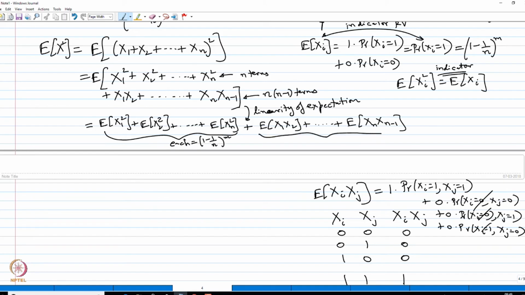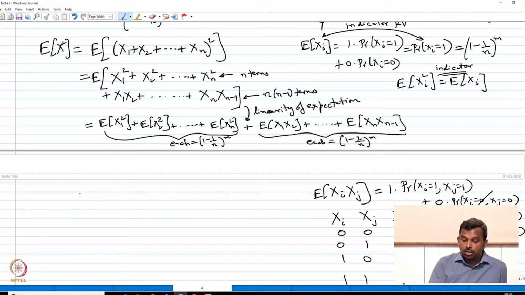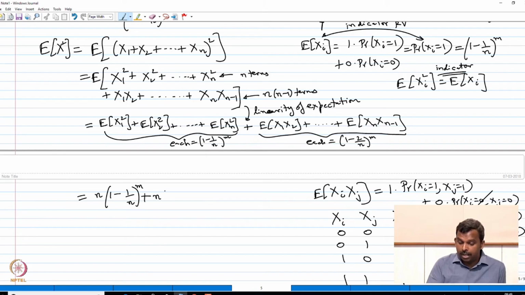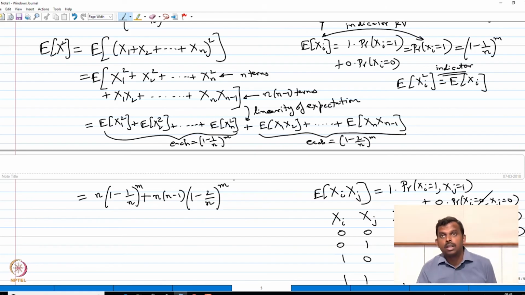There are n into n minus 1 terms here, and each equals 1 minus 2 by n power m. So I can write this as n times 1 minus 1 by n power m plus n into n minus 1 times 1 minus 2 by n raised to the power m.